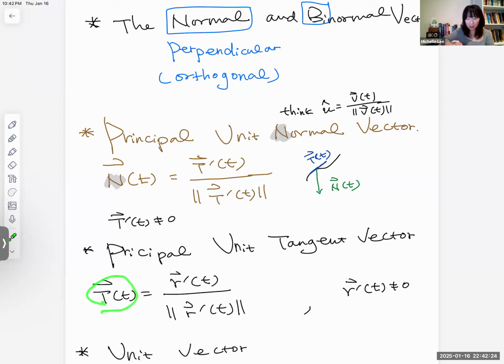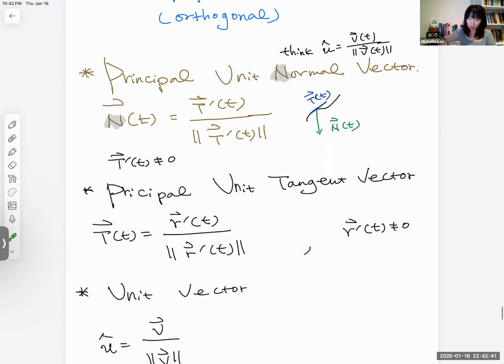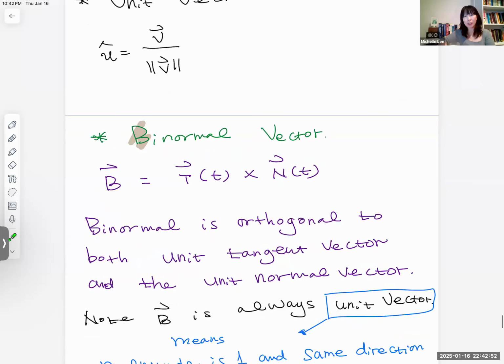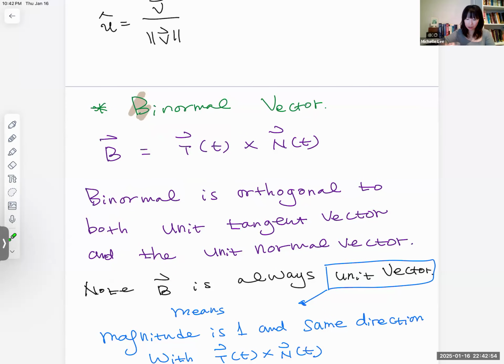Then we have a unit tangent vector, right? Then the normal vector will be T prime of t over the magnitude of T prime of t. Yeah? Okay. Now, binormal vector, how do we find it? We have to take the cross product of the unit tangent vector and the normal vector.